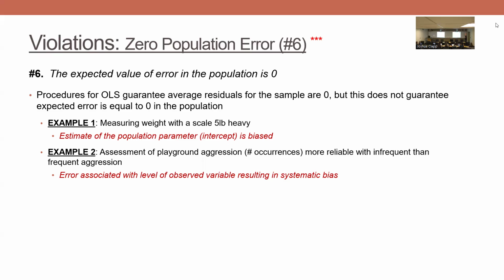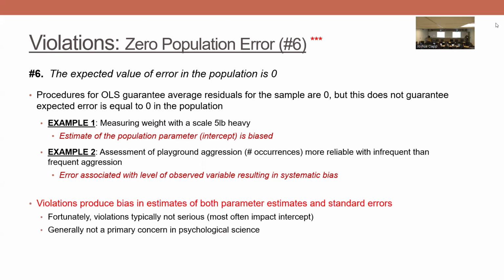Okay. Whereas before we were talking about individual X's, this is talking about your overall model. Okay, thank you. So again, violations produce bias in your parameter estimates and your standard errors. The nice thing about this one is it's generally not too bad, right? These are tolerable.